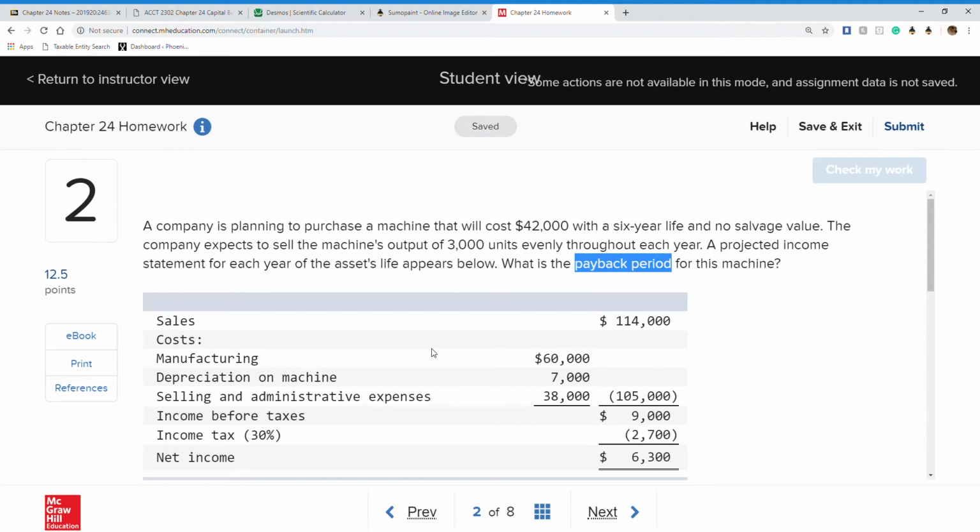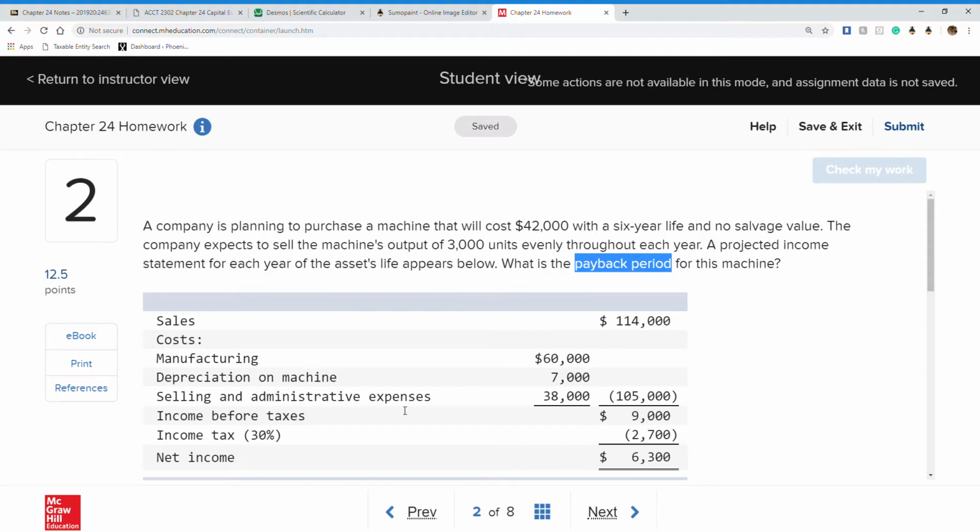So, sales: since it doesn't tell us if anything's credit sales, we don't subtract anything out. We're just going to look at the descriptions. Manufacturing expense is all cash. Depreciation is not. Remember, that's a non-cash item. So, that's something that we're going to have to eliminate.